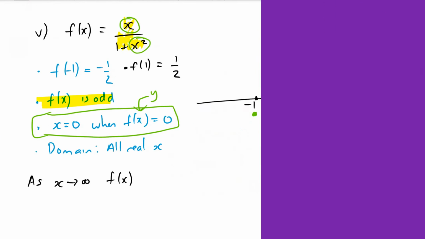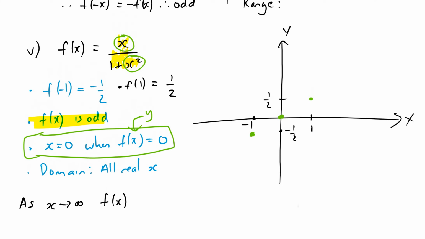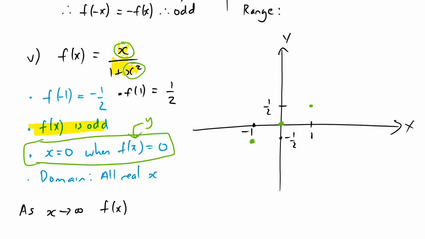Okay, so let's go back to our graph now. So what that tells us is as x goes to infinity, f(x) goes to 0. A good, more technical thing is to put a little plus here to show that it's approaching 0 from the positive side. Okay, so what that means is the graph will end up somewhere here, right?